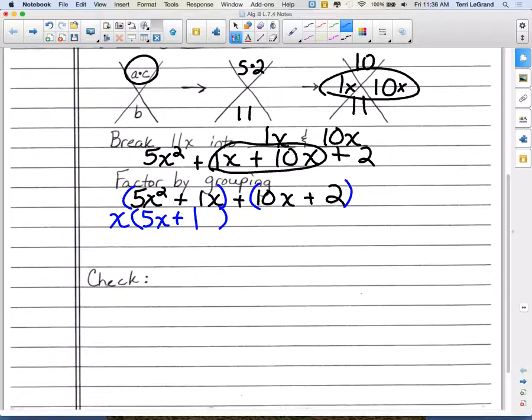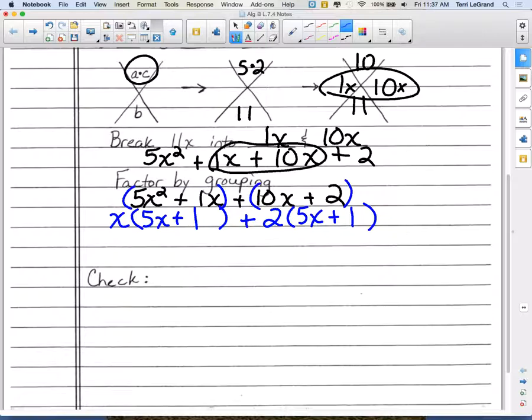So that's where we practiced our factoring by grouping again. What's the GCF of 10x plus 2? Just 2, isn't it? So now what's 10x divided by 2? 5x. 2 divided by 2? 1.